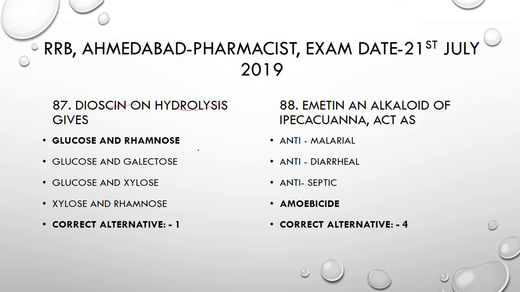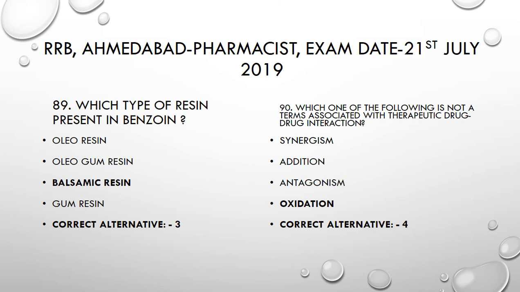Diosgenin on hydrolysis gives glucose and rhamnose. Emetine, an alkaloid of ipecacuanha, acts as an amebicide. Which type of resin is present in benzoin? That is balsamic resin. Which one of the following is not a term associated with therapeutic drug interaction? That is oxidation.